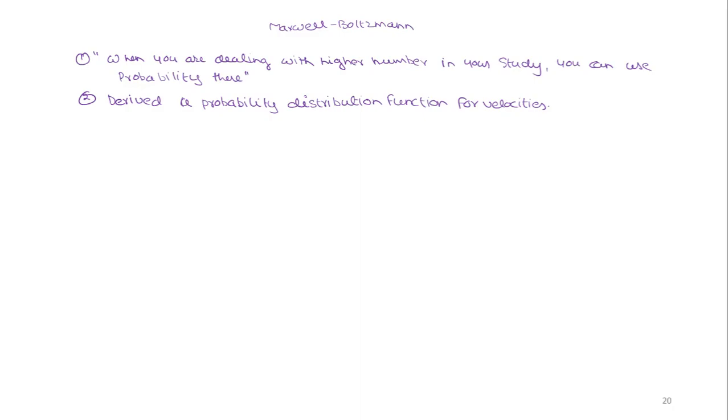And this is how your graph might look. Let me draw this Maxwell Boltzmann distribution. On the x-axis you have molecular speed, the speed of the particles in meters per second. On the y-axis, for example, you have the number of molecules.